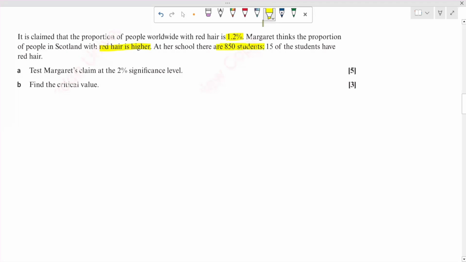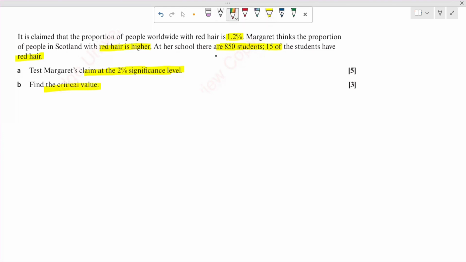It is a large sample of data, so you should go for normal distribution. And 15 students have red hair. So test Margaret's claim at 2% significance level and find the critical value. Where it is the rejection and acceptance region, we have to go for that critical value.